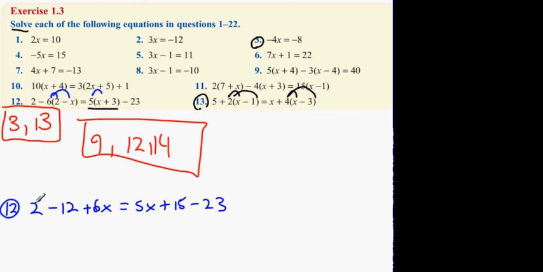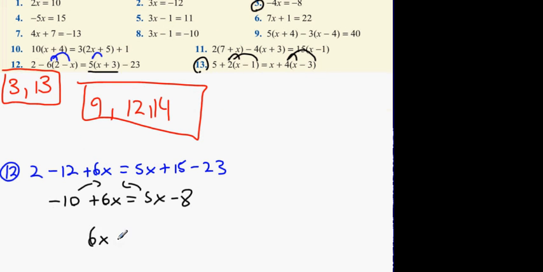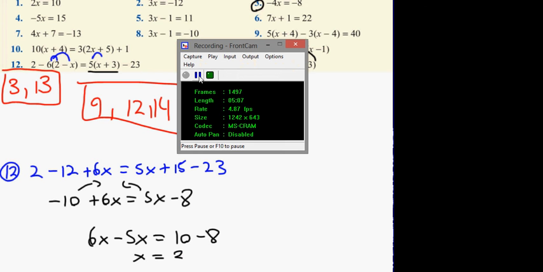Then you're going to have 2 minus 12 is minus 10, plus 6x equals 5x, and 15 minus 23 is minus 8. Then you bring the 5x to the left and the 10 to the right. So you're going to get 6x minus 5x equals 10 minus 8, x equals 2. Okay, how many people got x equals 2?